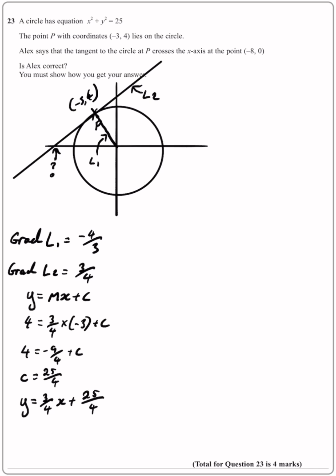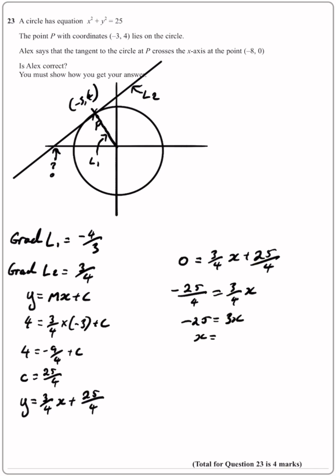Now let's find out where that crosses the x-axis. I'm going to set y to be 0 and solve the equation. So 0 equals 3/4 x plus 25 over 4. Bring the 25 over 4 onto the left-hand side. Times both sides by 4.